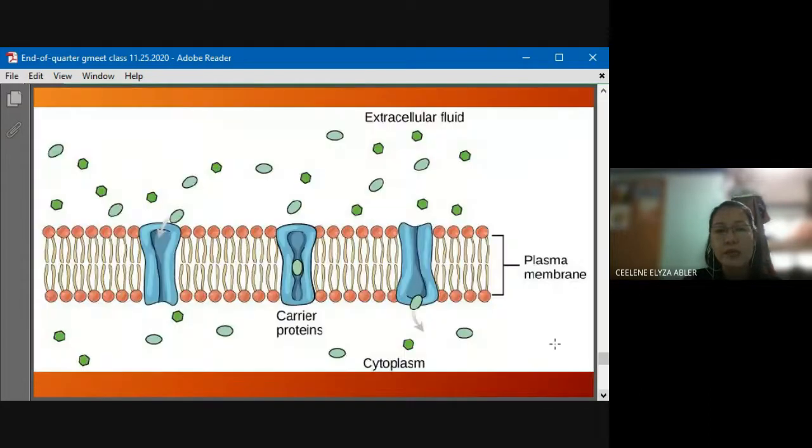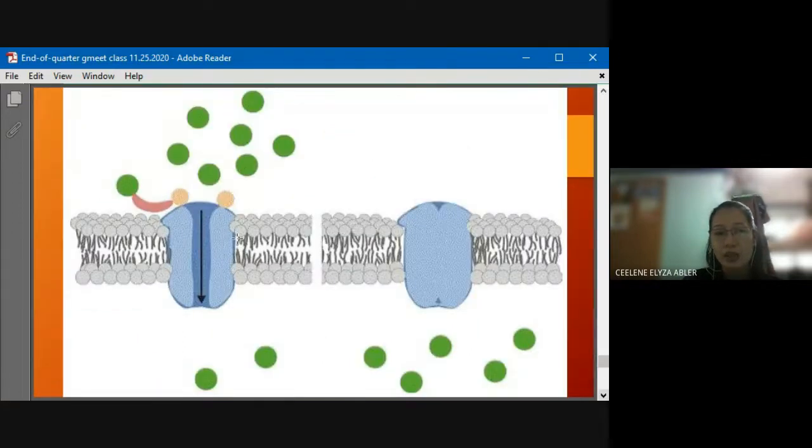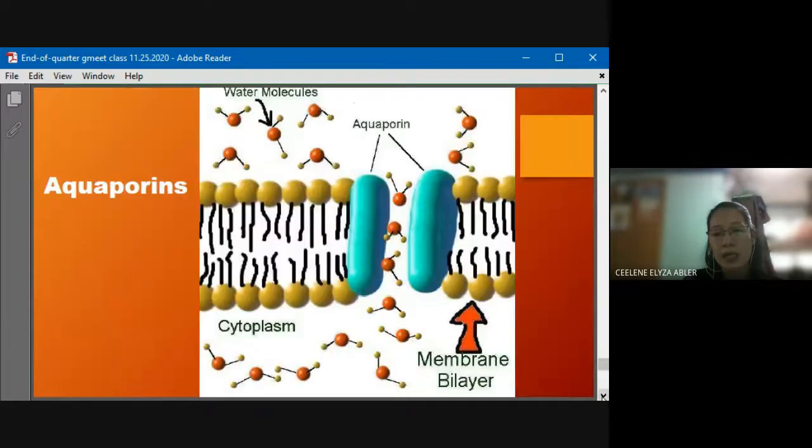Alright? So, this is an example of your facilitated diffusion. So, meron tayong movement from high to low concentration hanggang sa ma-achieve niya ang equilibrium. Alright? So, the last one is we have your aquaporins. Ang sabi ko, di ba kanina, it's the water molecules. So, aquaporins, class, they are allowed inside and out of the cell.